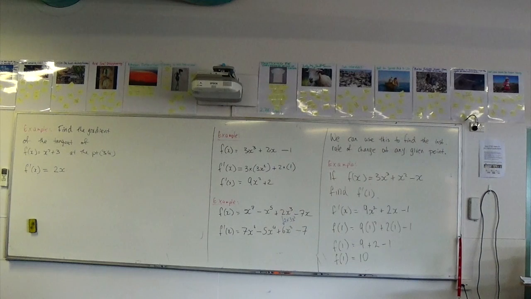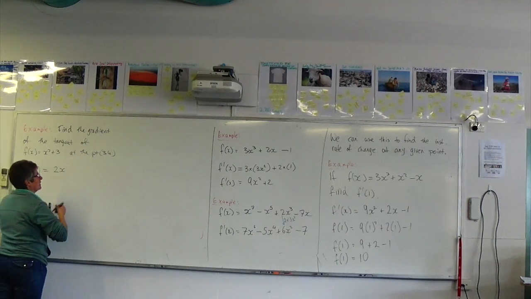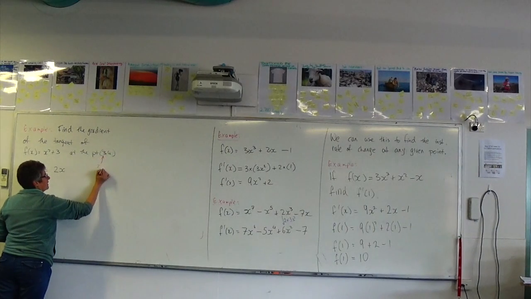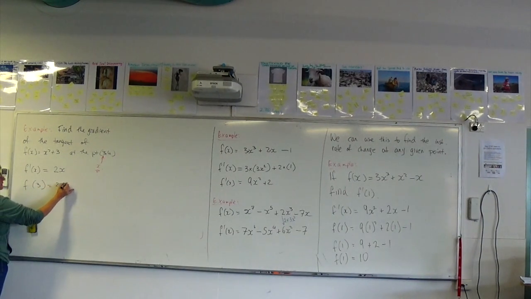But what do I want to find? I want to actually find the gradient at that point. So if you sub in a 3, x equals 3, this is my x value, remember? That's the value I want, don't I? The y's got nothing to do with it. So I sub in f dash of 3.